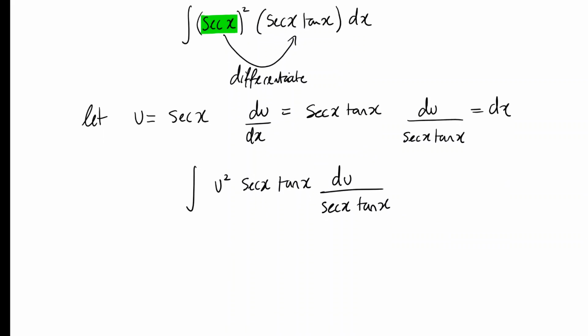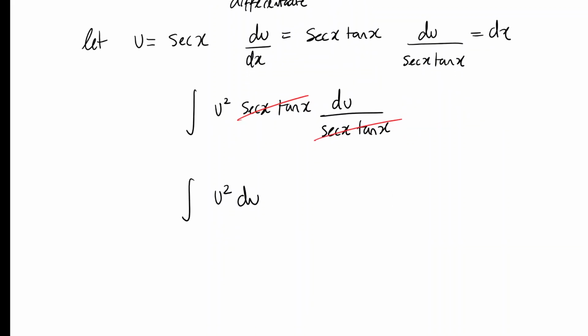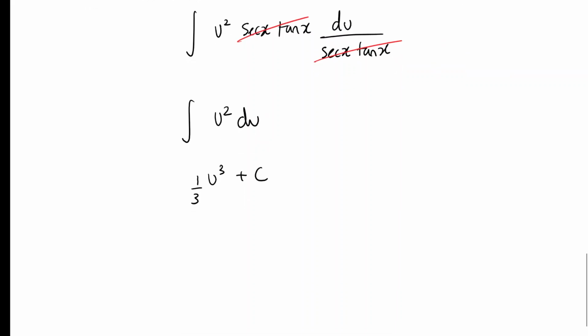Sec x tan x are found top and bottom, so they cancel. And the integral becomes u squared du, which is easier to deal with. Once integrated, that's 1/3 u cubed plus c. u was equal to sec x, so 1/3 sec x cubed plus c, and then more typically 1/3 sec cubed x plus c.